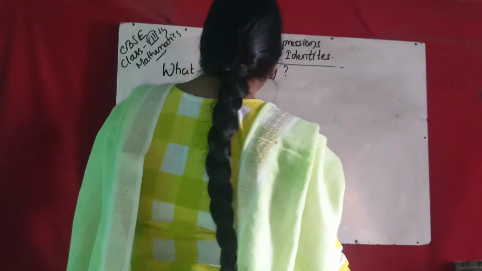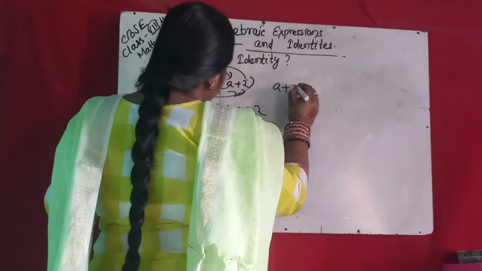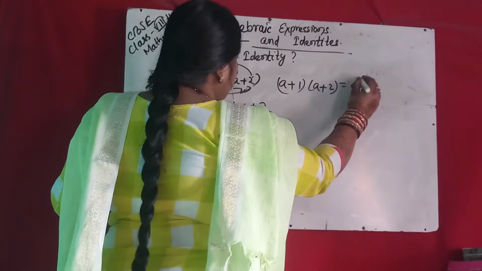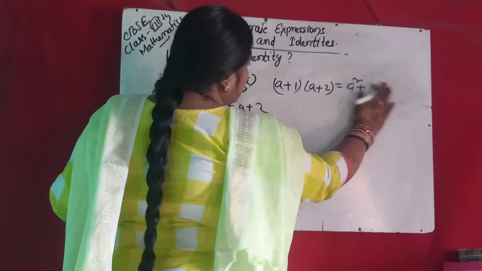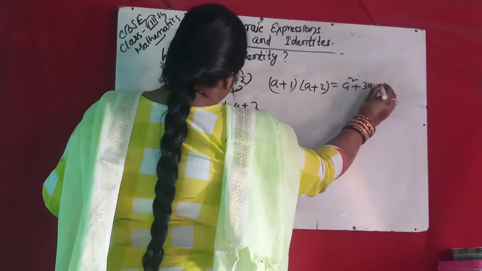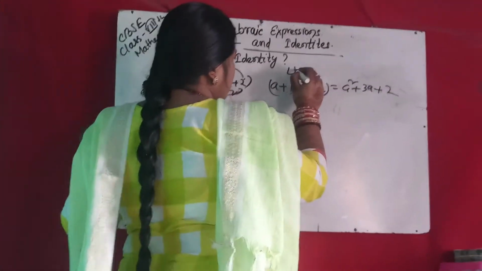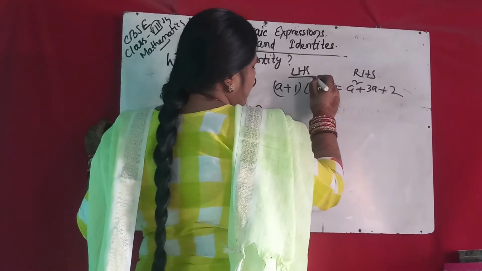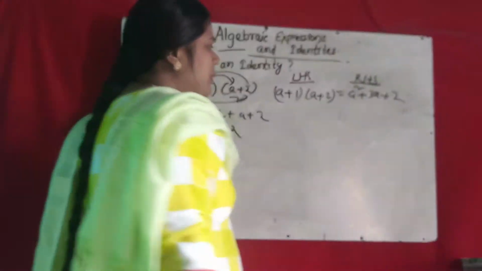That means (a plus 1) into (a plus 2) equal to a square plus 3a plus 2. So this is the LHS, left hand side, and this is the RHS, right hand side. Okay.